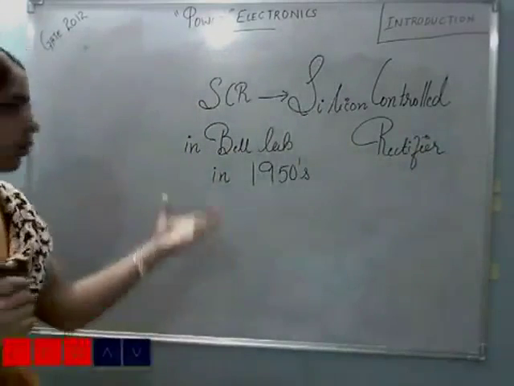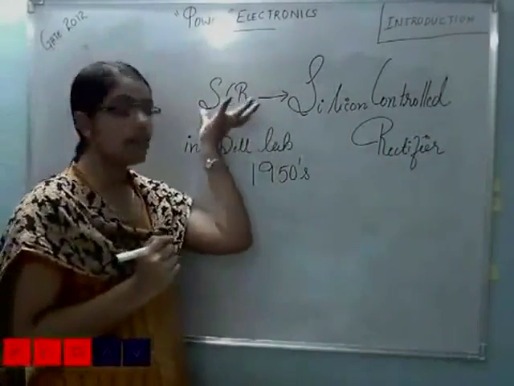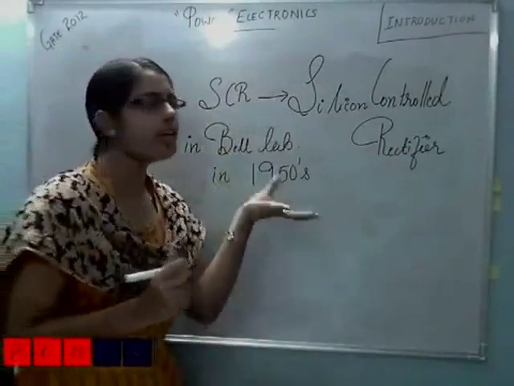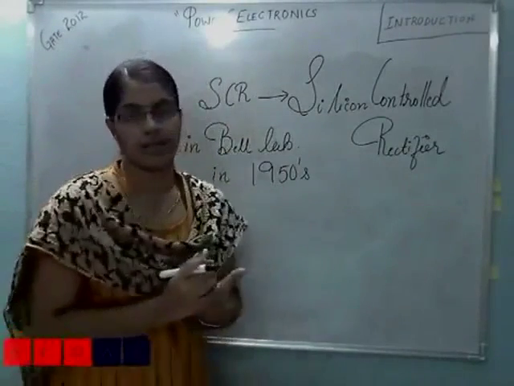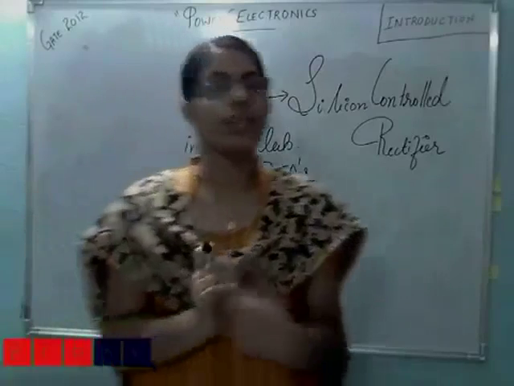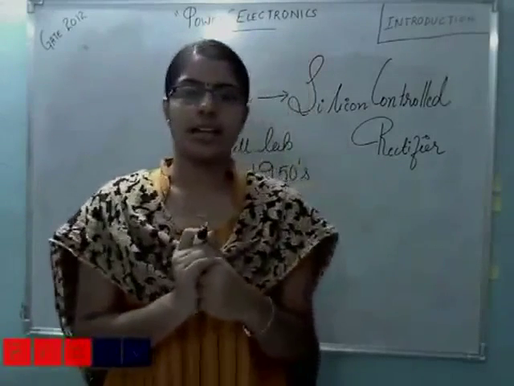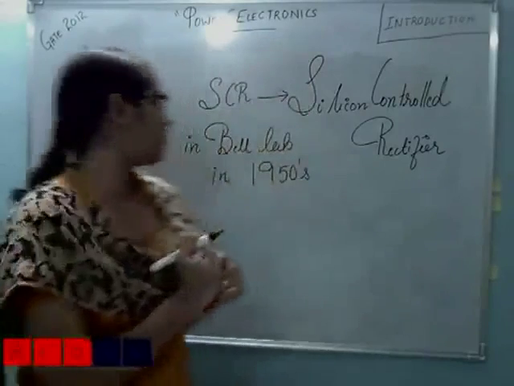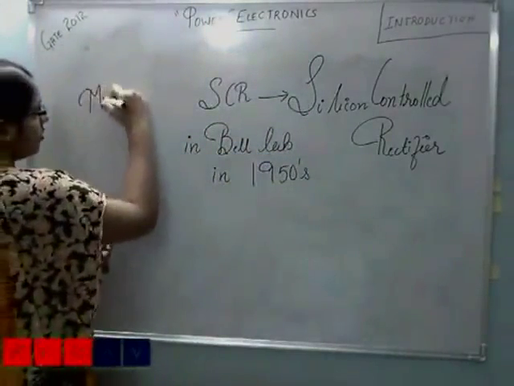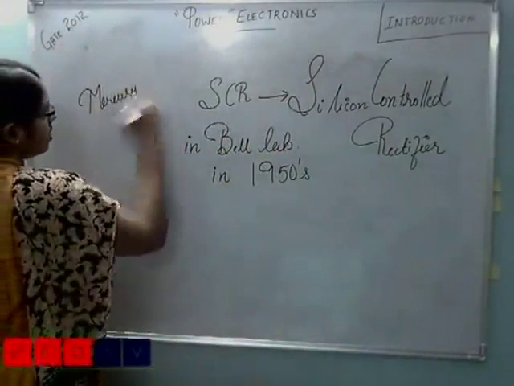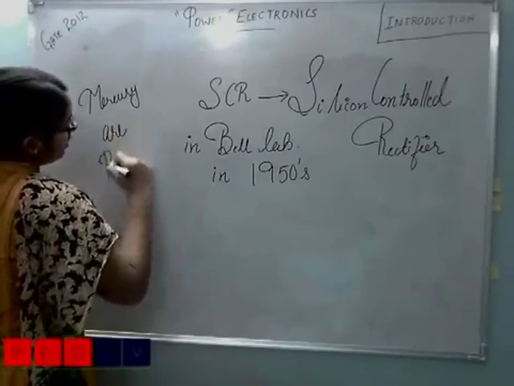Silicon controlled rectifier. So before SCRs were developed, there were a lot of rectifiers being used in those days. These rectifiers were very much uncontrolled devices, and they were mercury arc rectifiers, which was a huge thing.